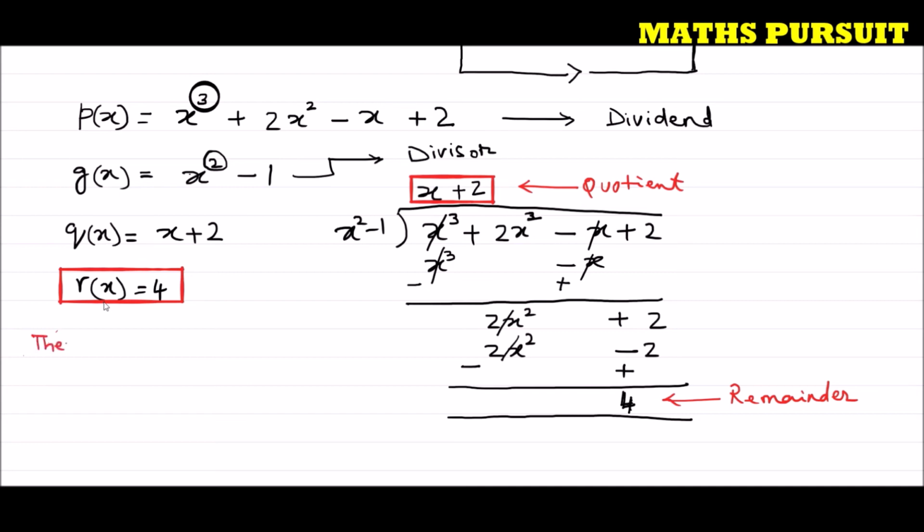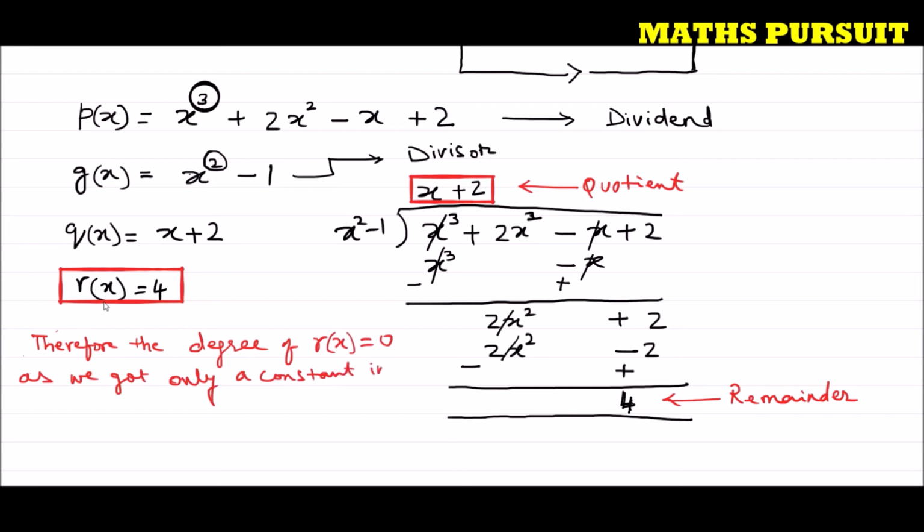We can note it down that therefore the degree of r(x) is equal to 0, as we got only a constant value in the remainder. Hope guys, till here we are very clear.